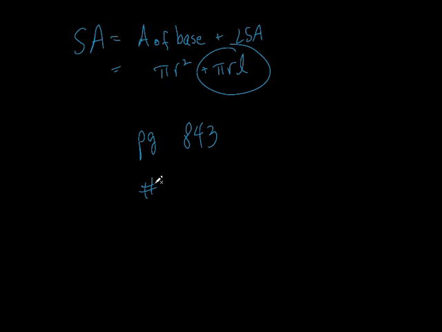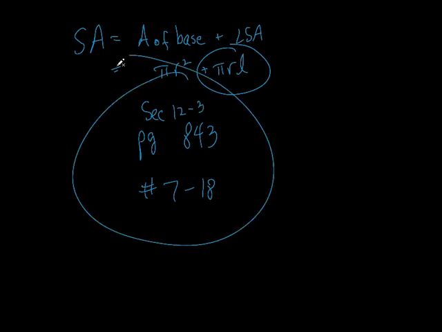Let's go 7 to 15. No, let's go 18. Okay, there you go. So it's section 12.3. There it is, right there. Section 12.3, page 843. We're doing 7 to 18. We're doing all of them this time. I'm not letting you off easy this time. Okay.